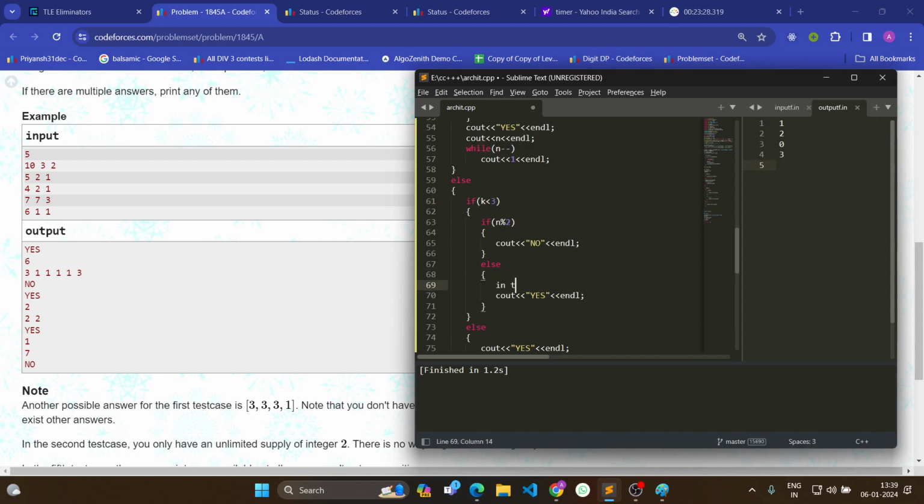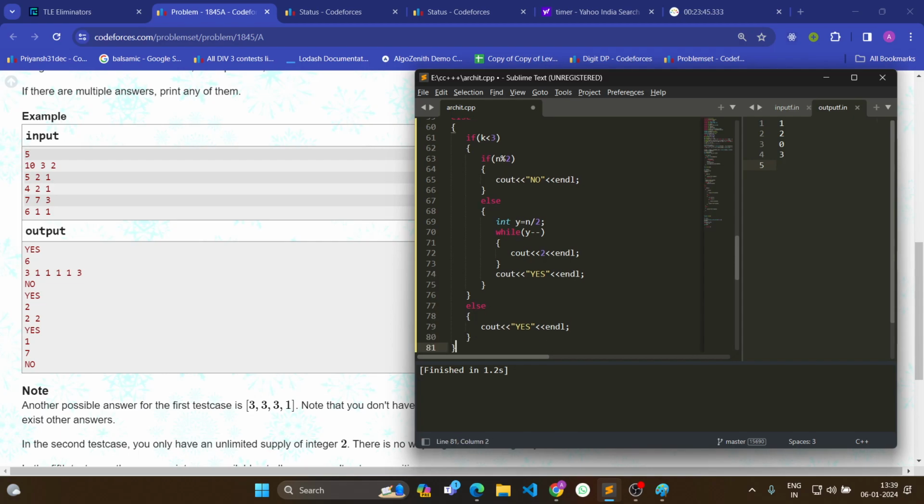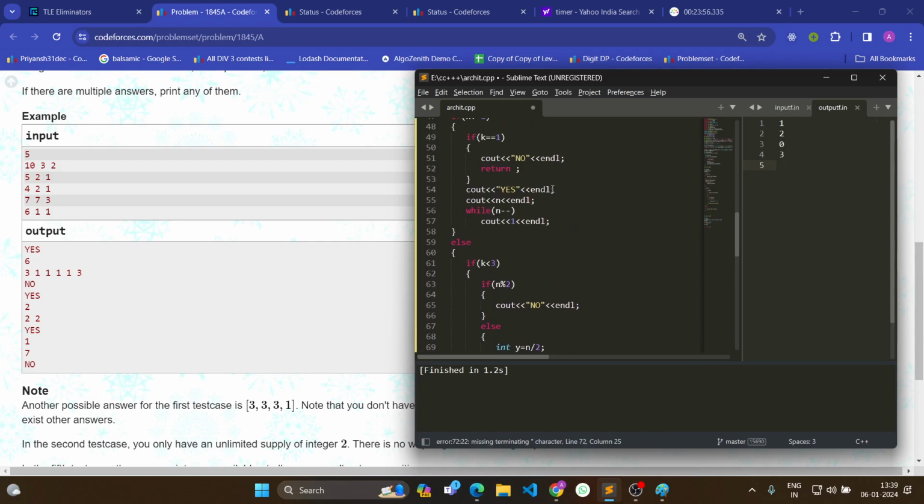Okay, how do I get this? So int y is equal to n by 2, and while y minus minus 2 and then, oh sorry, not and then it should be space, and also over here it should be space.